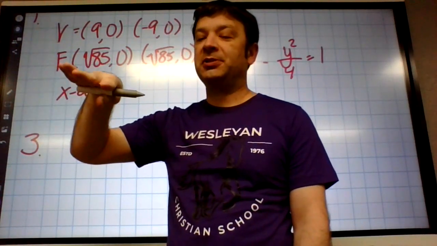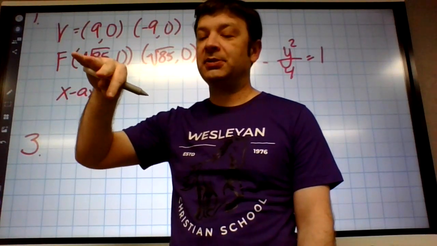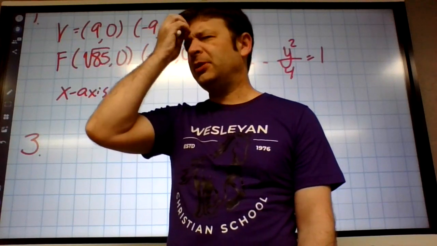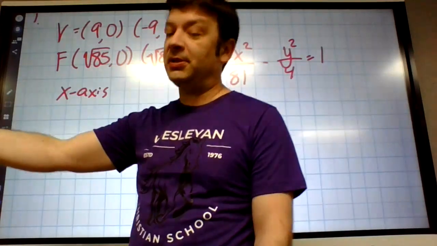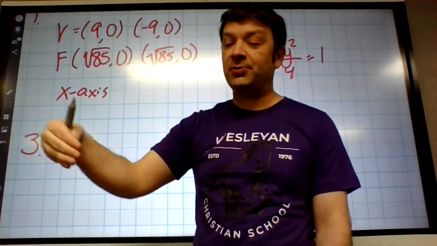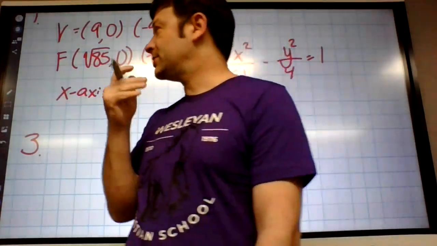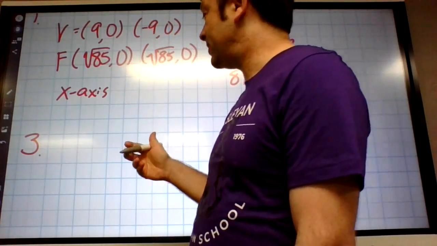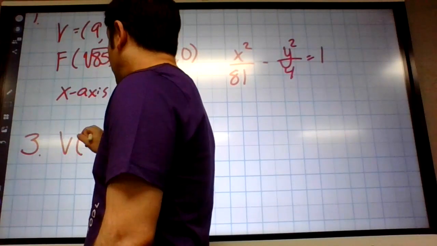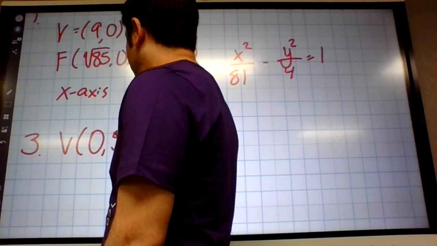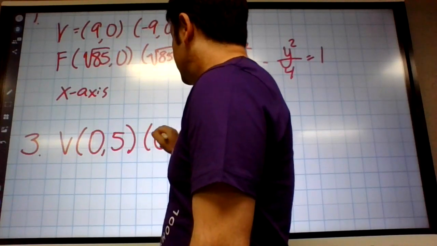Today it's which one is positive is the major axis. So on 3, since it's minus x squared over 16, that is not the major axis. It's the y squared over 25 that is the major axis. So square root of 25 is 5. And since it's on the y-axis, it would be at 0, 5 and 0, negative 5.